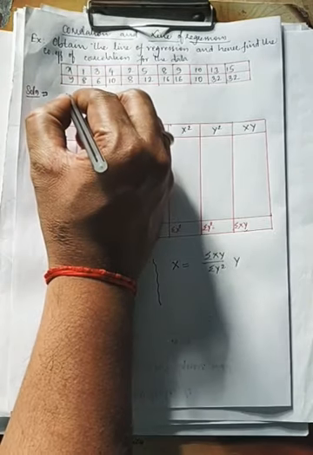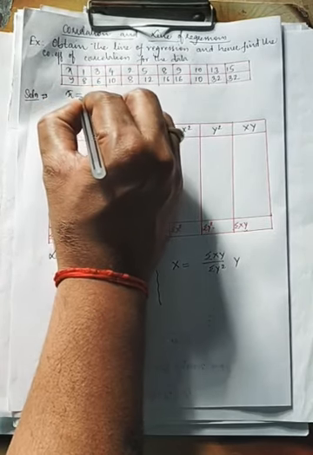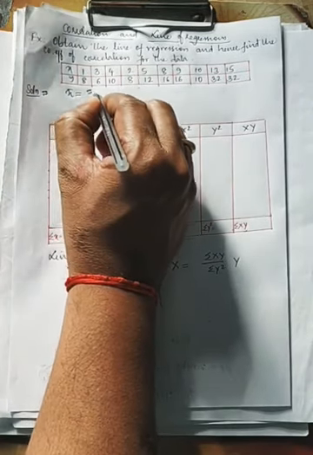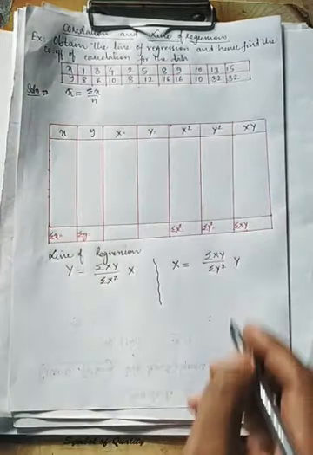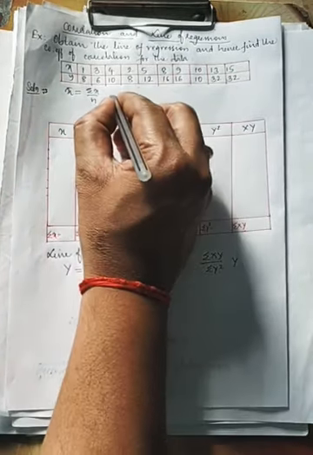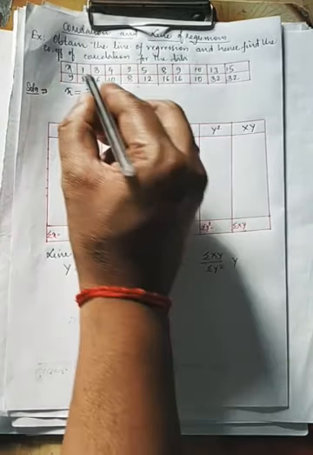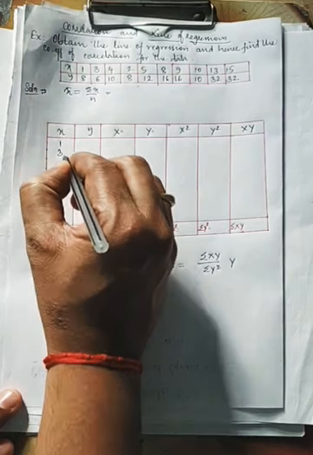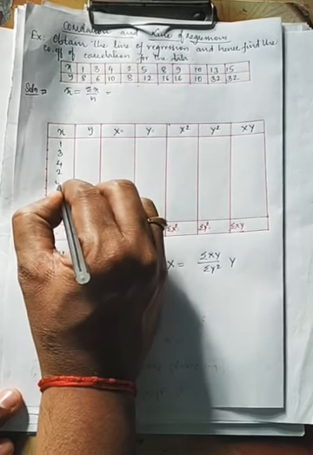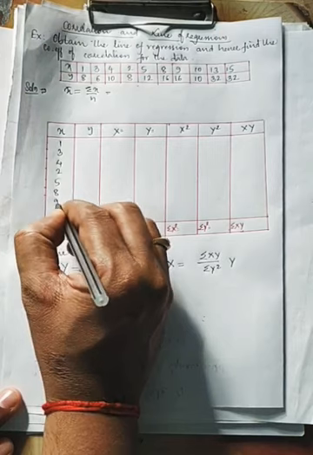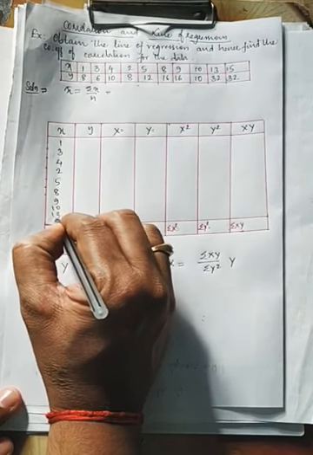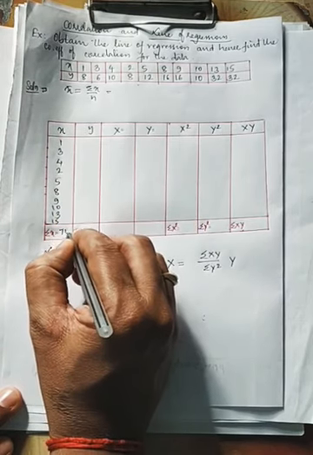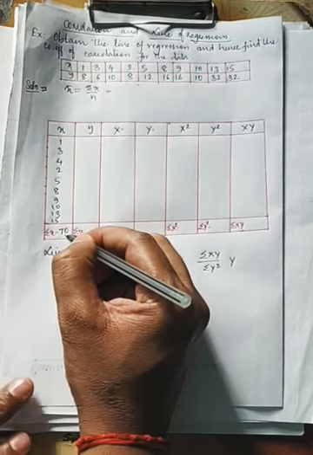So we need to calculate X bar value. X bar is nothing but mean value of X. That will be calculated through summation of X divided by N. Here summation of X means what? First we'll take all the values of X: 1, 3, 4, 2, 5, 8, 9, 10, 13 and 15. If you add all these values, that will be summation of X, that is 70.